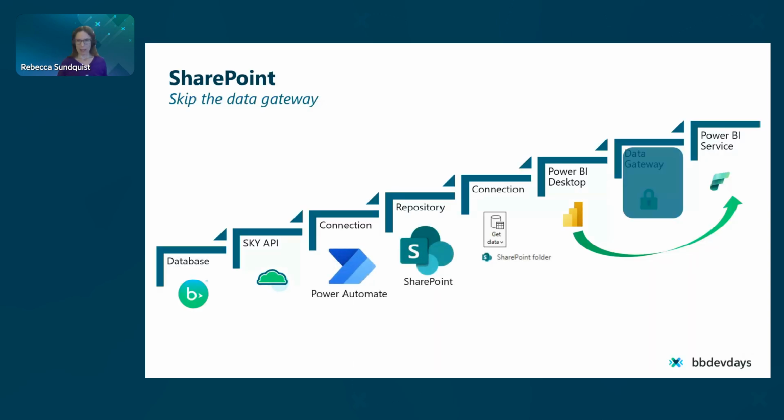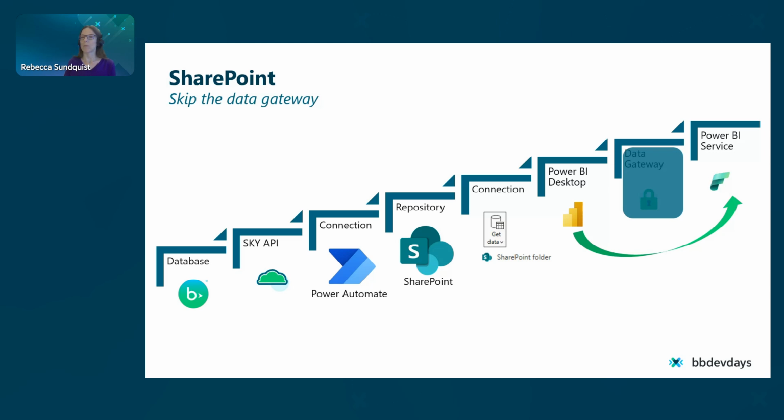So what if we're not liking the idea of a data gateway? We want to try another method. This is the method that I walk through in our regional workshops, which is to leverage Power Automate to call the data out of Sky API, save the data into SharePoint, and then in Power BI Desktop, it's the SharePoint folder connection that we're using to access the files that you've created through Power Automate.